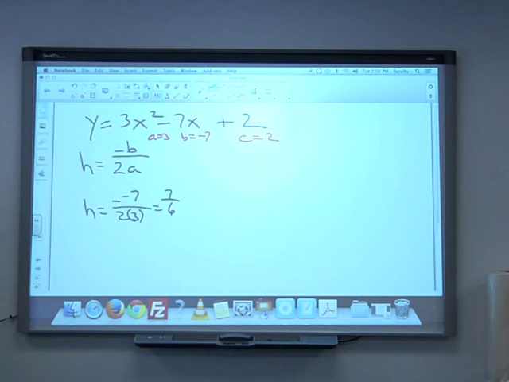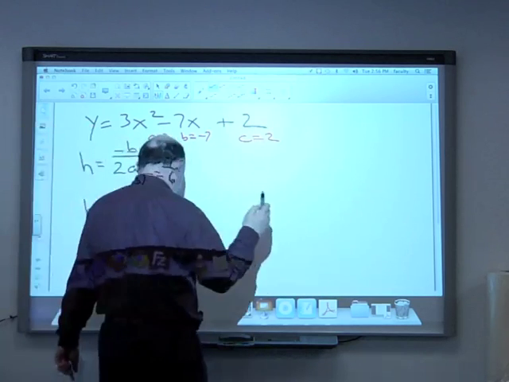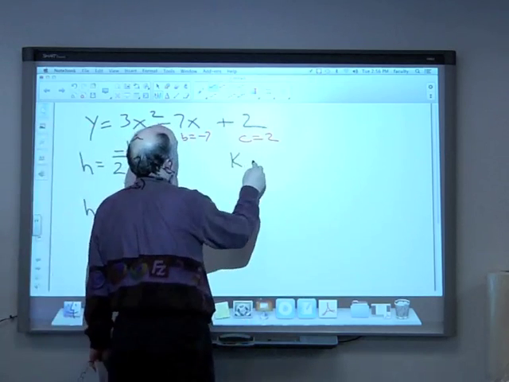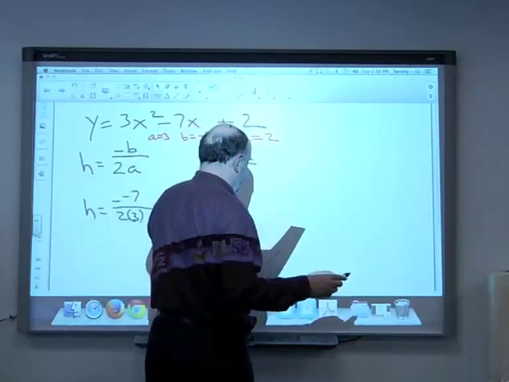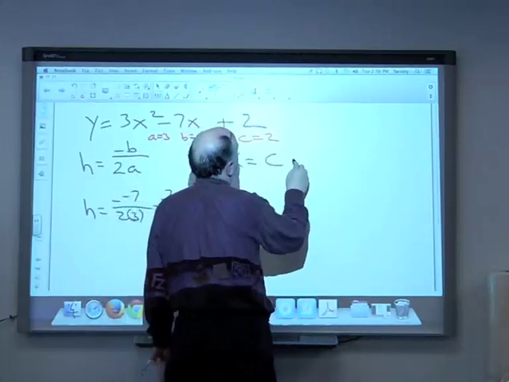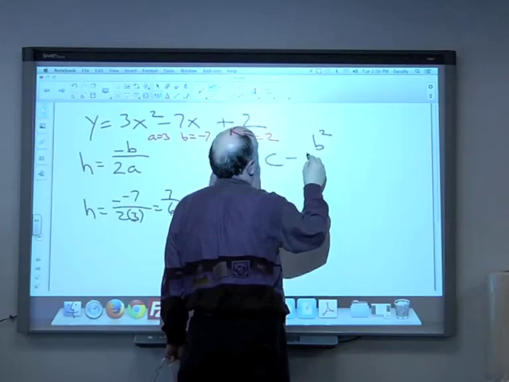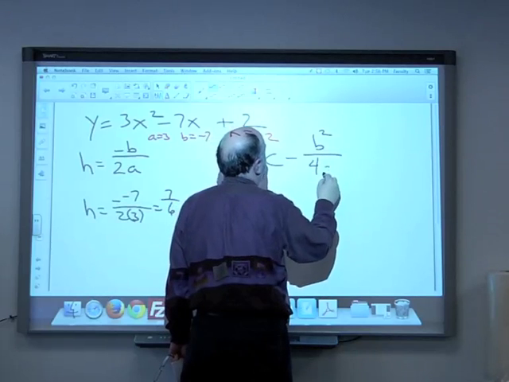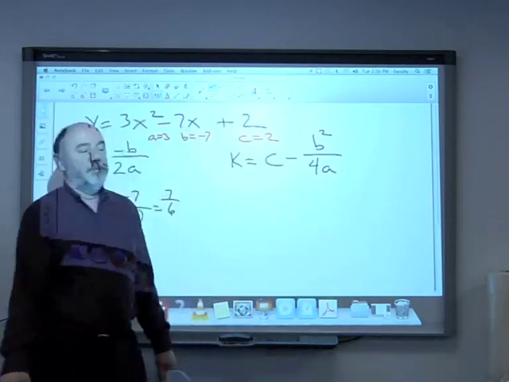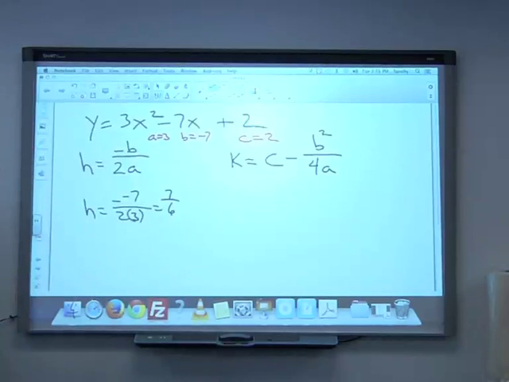Now the k. The k will be given by that. So we can find the k value by doing this.